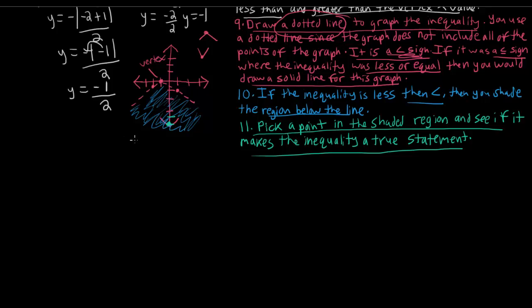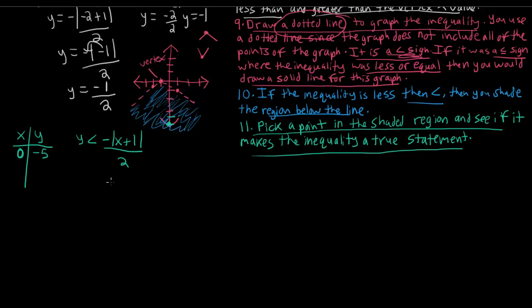So we need to make a little XY graph, and let's do 0 and then -5, and our inequality is just y is less than the absolute value of x plus 1, all of that over 2.